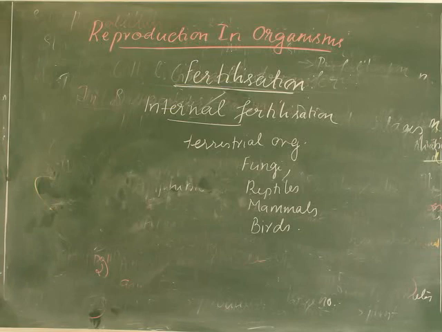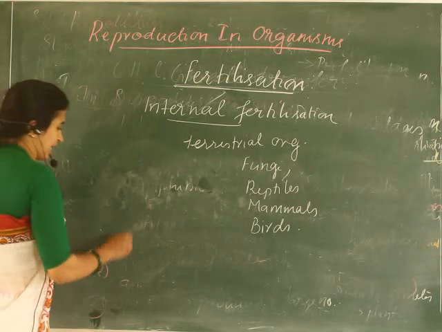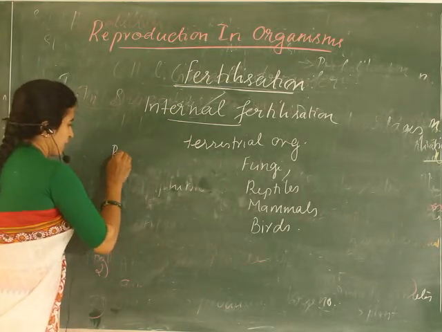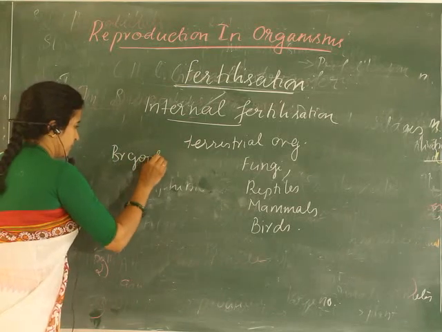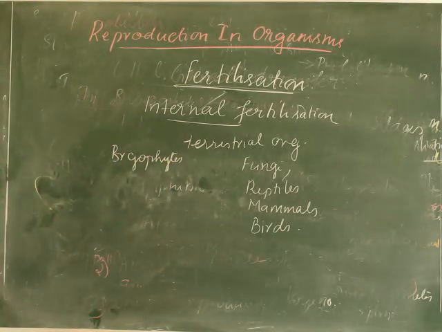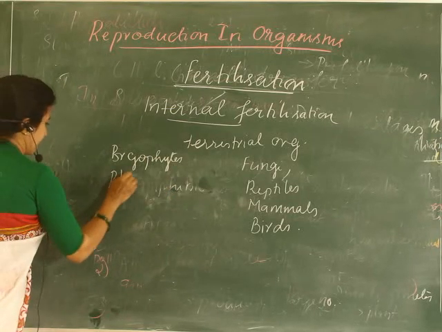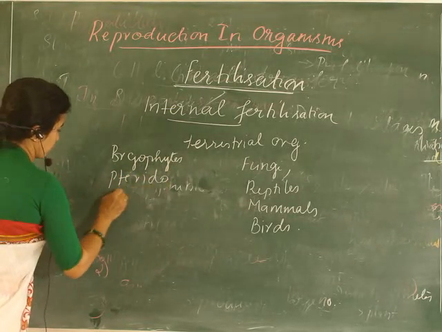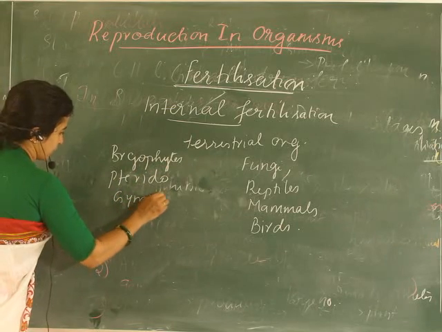Among plants, you can also add bryophytes; they also have internal fertilization. Then which are the other groups? Pteridophytes, gymnosperms, and angiosperms.